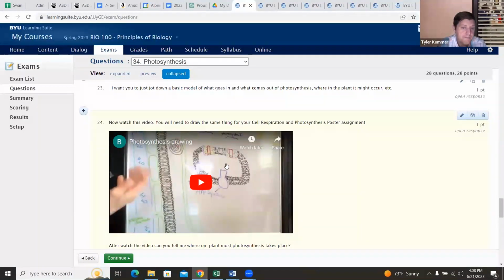So water is, in this chemical reaction, lost, destroyed, right? Ripped apart. And oxygen is then released from that process. And then the carbon comes into the process, right?